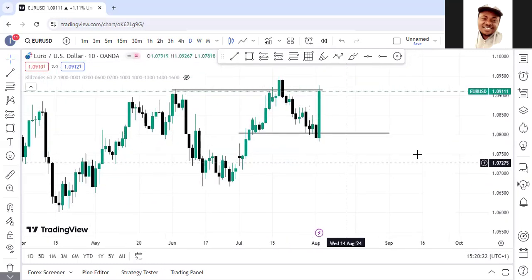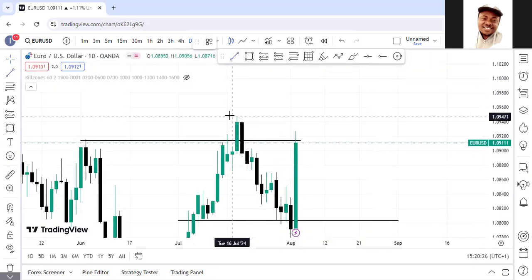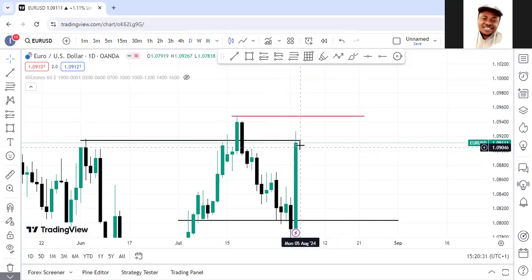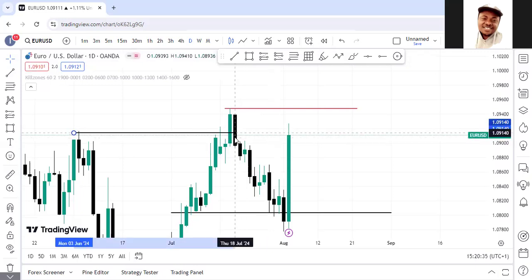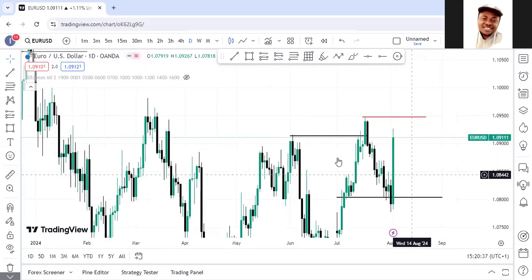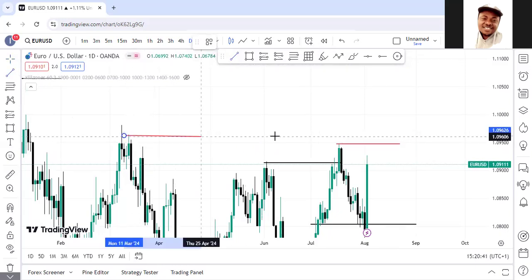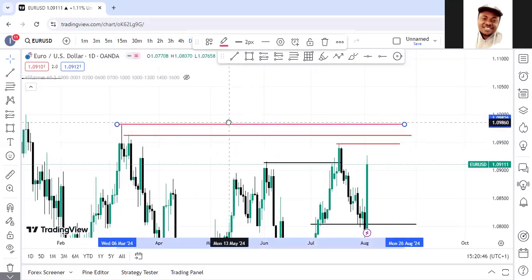Going into the daily time frame, what can I expect? My closest draw on liquidity will be this high right here on Euro USD. So this is my closest draw on liquidity. And if I should now look left, I can see this failure swing and then this high right here.